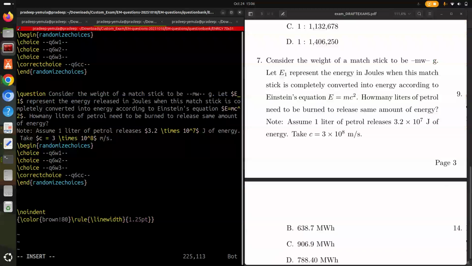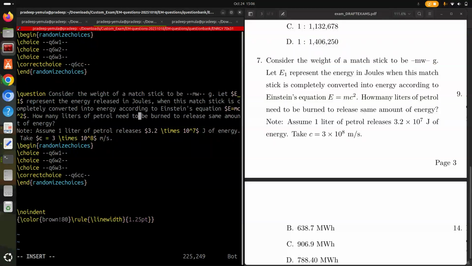When this matchstick is completely converted according to Einstein's equation, how many liters of petrol are needed to be burned to release the same amount of energy?